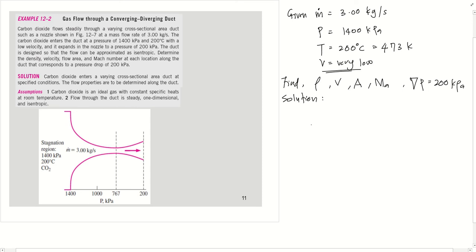Solution. First things first, when we want to solve for this compressible flow, we need to identify the stagnation properties. So the first step is to identify the stagnation properties, meaning T0, P0, for example, or rho 0.